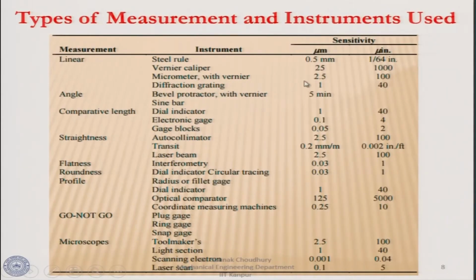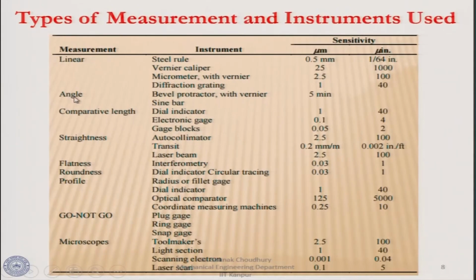For example, in the case of the steel rule, the sensitivity is about 0.5 millimeter, whereas in the case of the vernier caliper it is about 25 micron. So it is less than that, and more accurate than the steel rule. The micrometer with vernier may have an accurate sensitivity of up to 2.5 micron, and so on.